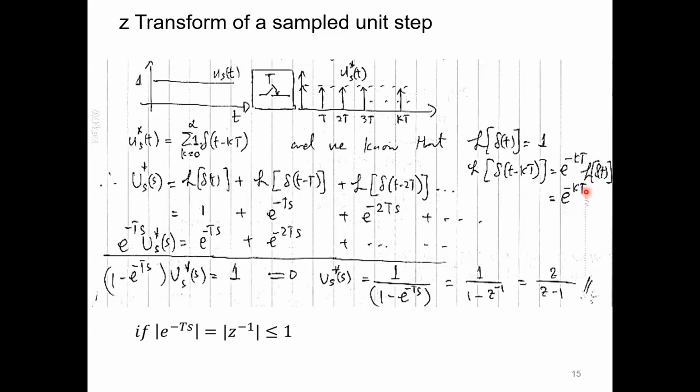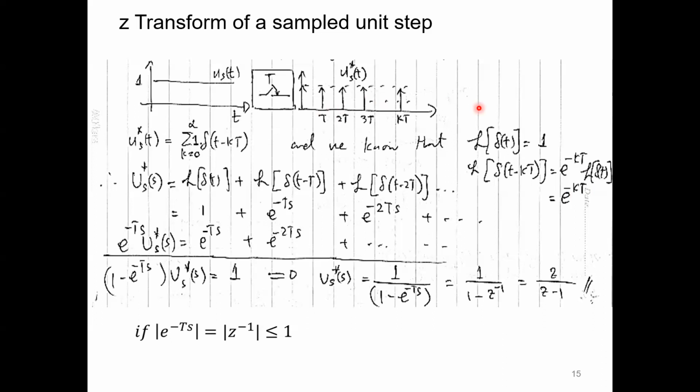Okay, can you see that? So if you take this one, it is e to the minus t. If you take this one, it is e to the minus 2t. If you take this one, the Laplace is e to the minus 3t, and so on and so forth.